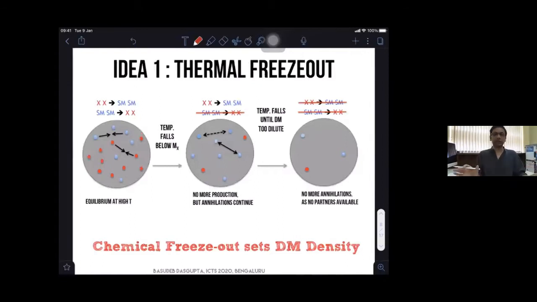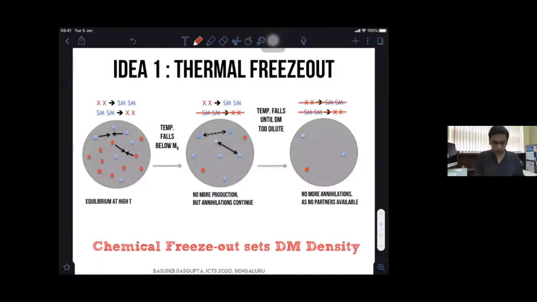And both of these reactions are happening equally fast, and so everything is in equilibrium. The universe is expanding, and you should think of this circular blob that I'm drawing as one co-moving volume, of what size I will tell you later.